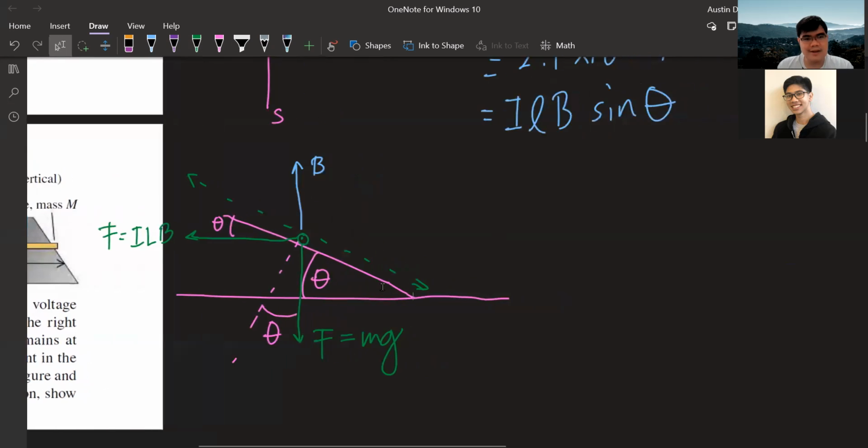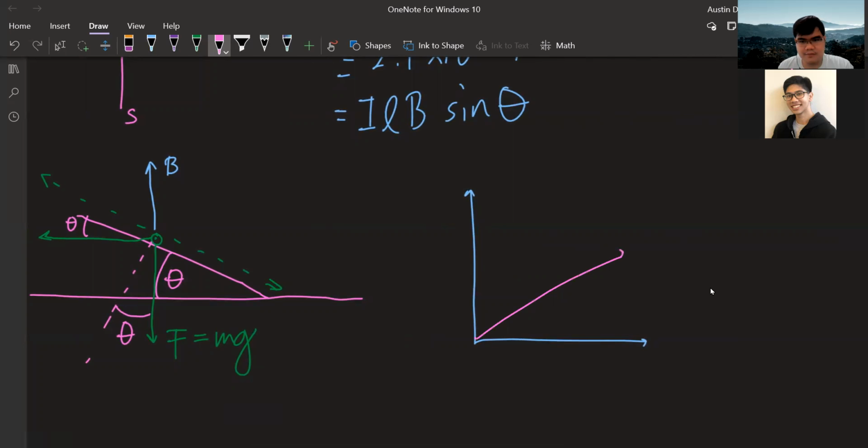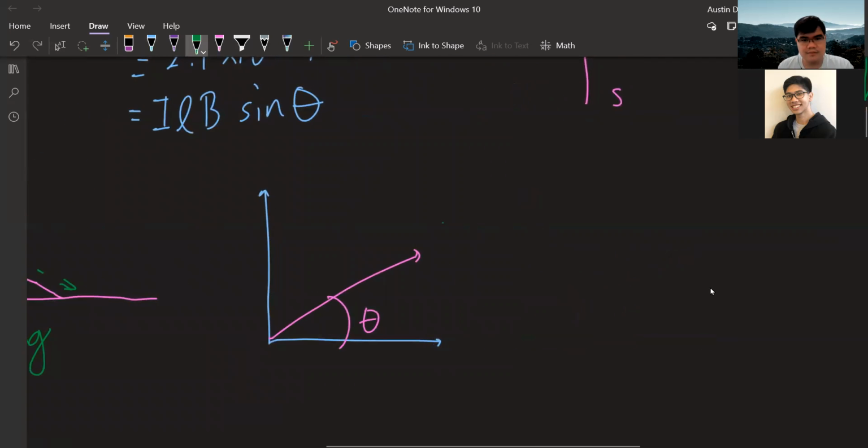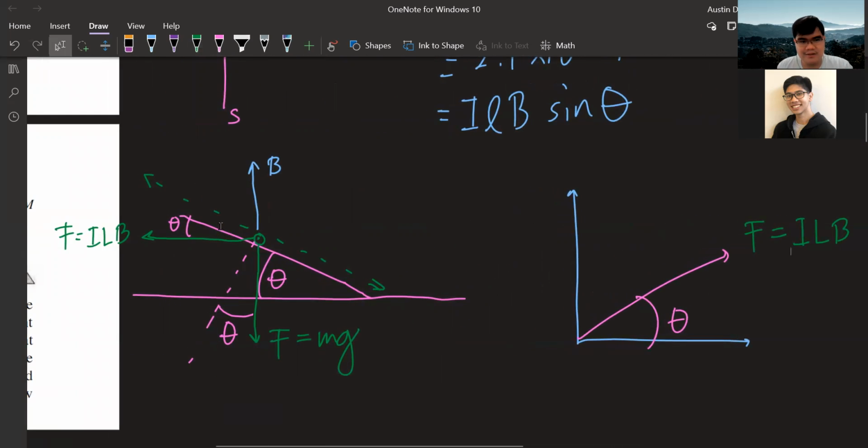So, meron tayong dalawang right angles. So, drawing natin yun. Meron kang ganito. So, this one is the F is equal to ILB na tsura. Okay? So, ayun yun. Ito yung part na yun. Inikot lang natin para mas madali natin maintindihan.